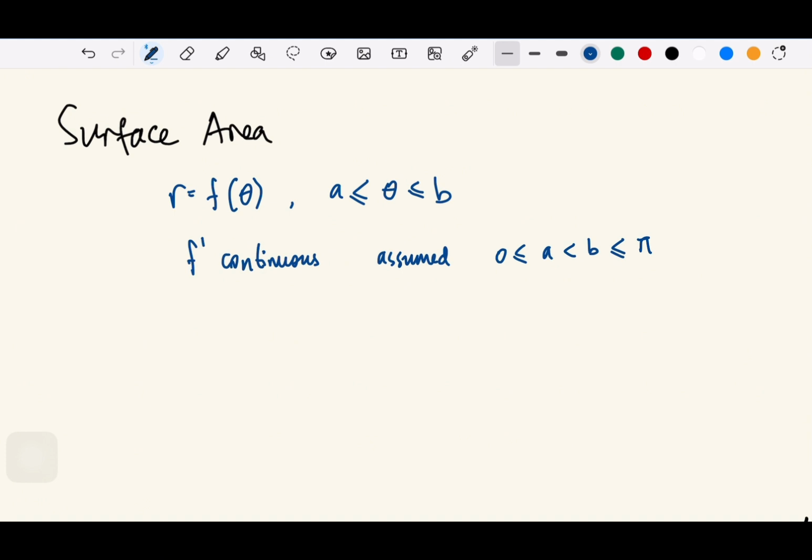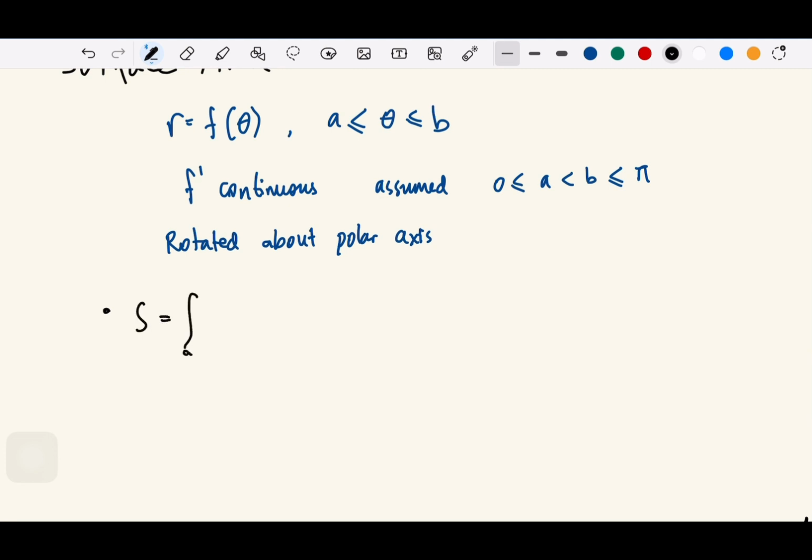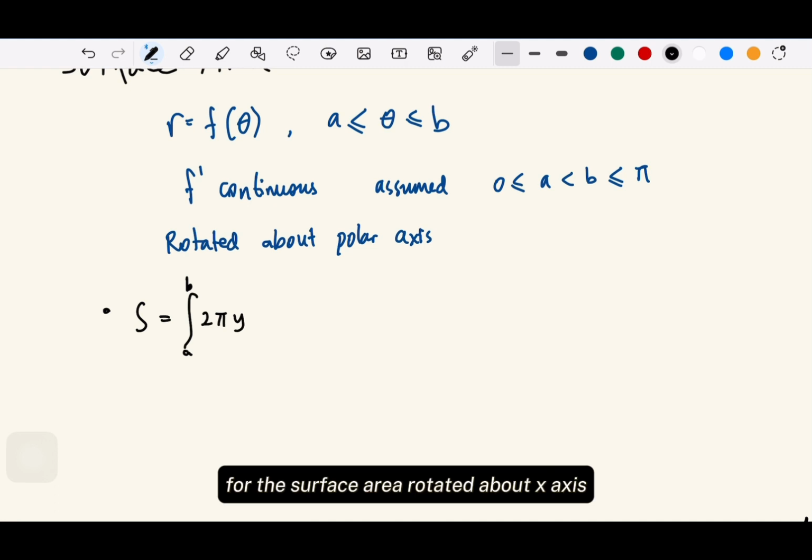Okay, and then it's rotated about the polar axis. So let me write the general formula for the surface area rotated about the x-axis. So in parametric we have this, right?